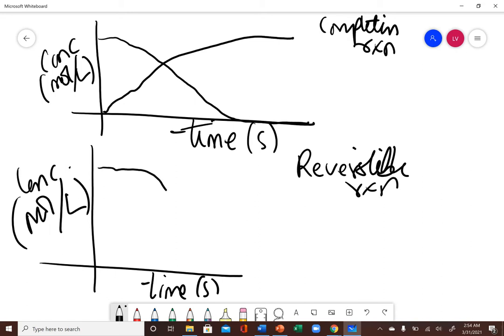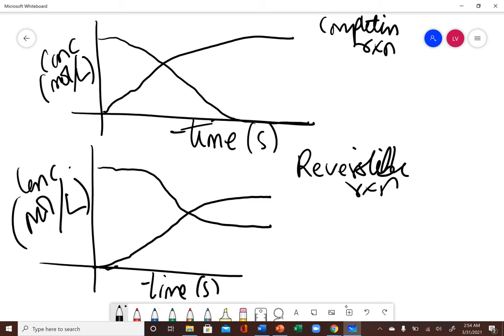As time goes on, the concentration of the reactants falls and it plateaus out. It doesn't reach zero, as you see. The products start out at zero initially, and then their concentration goes up with time, and there it is. So this is a big difference between a completion and a reversible reaction.